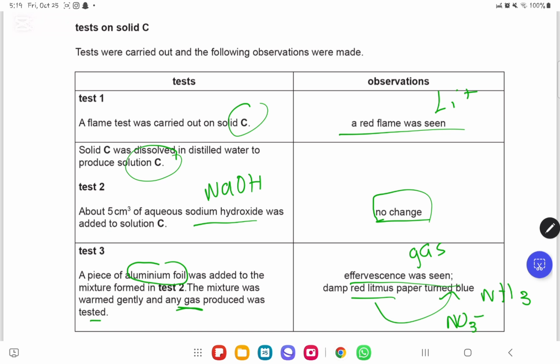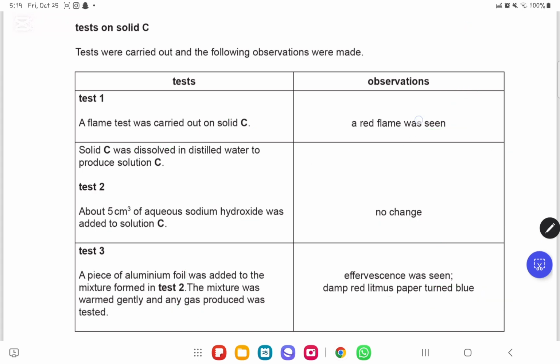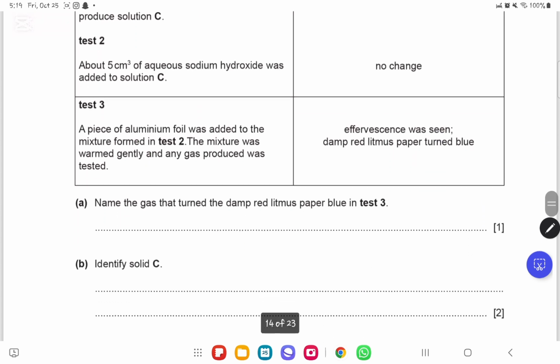So now we have solid C. Solid C is LiNO3, and since nitrates dissolve with everything, it's aqueous. So we go down. The name of the gas in test 3 was ammonia, or NH3. Solid C was definitely LiNO3, and we do not forget the aqueous. Or, to be honest, you can even put it without the aqueous.